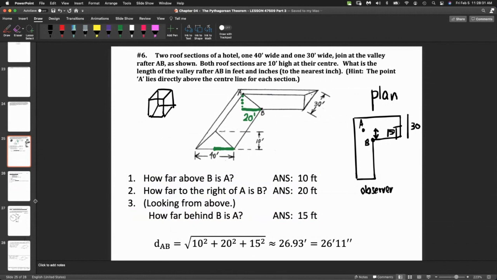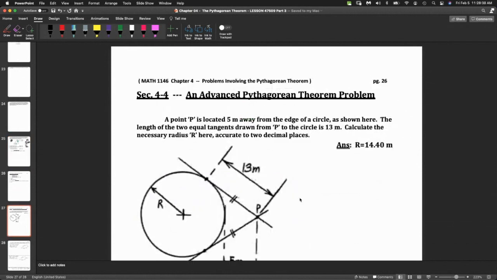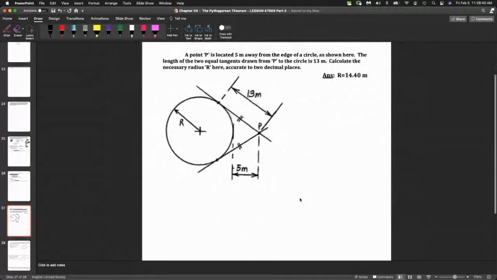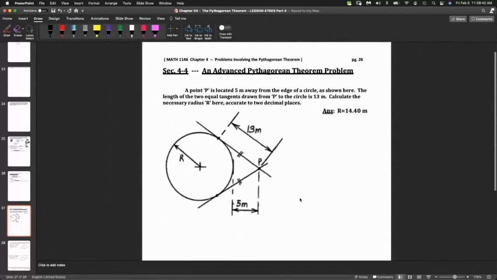So we have time left. I'd like to spend the last 20 or so minutes maybe doing a few algebra questions. Let's take a look here at section 4.4, which is really just extra questions. This question is starting to get into a bit more complicated algebra.